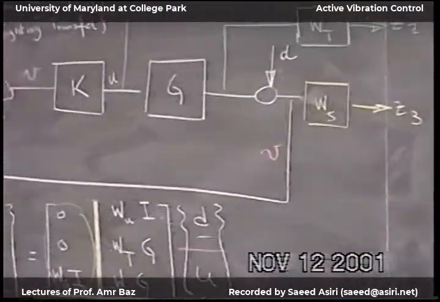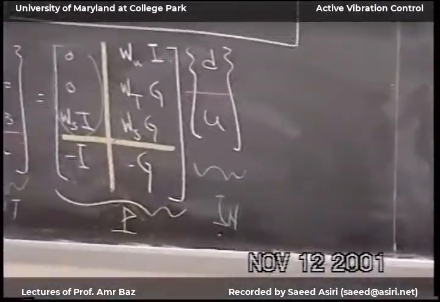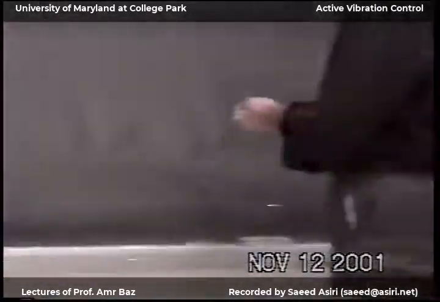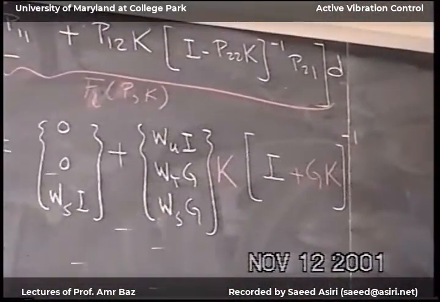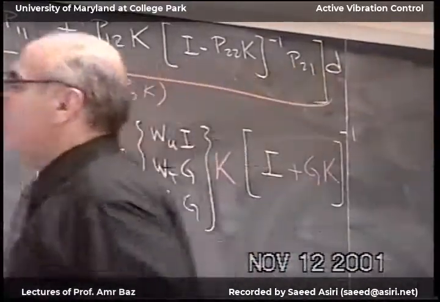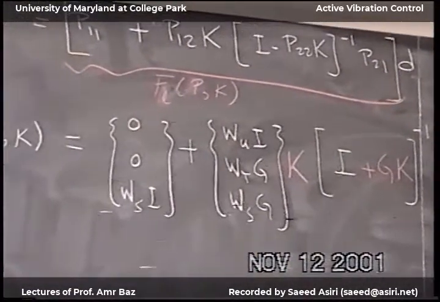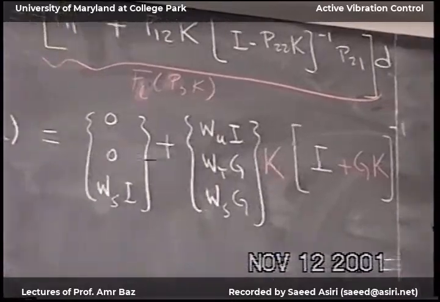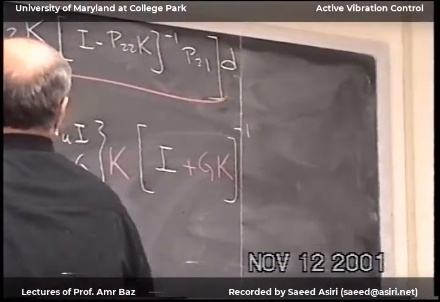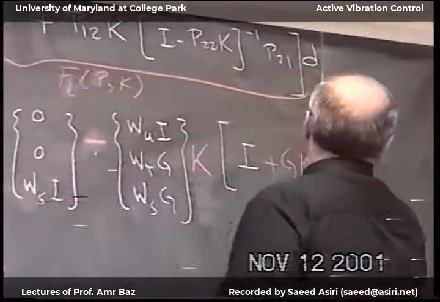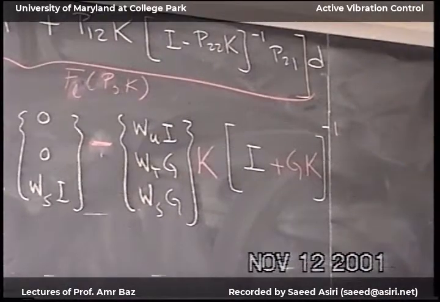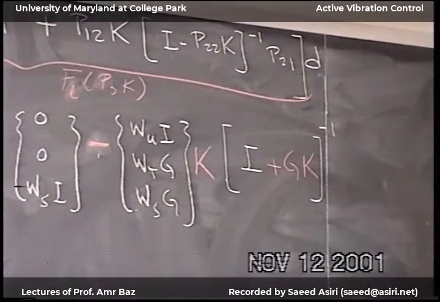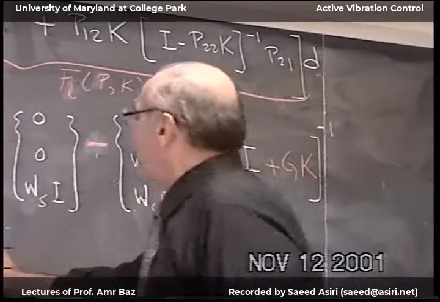So this would be plus GK, and this whole thing is inverse. P21 is minus identity. Okay, I don't need to write the identity. Now let's clean this.